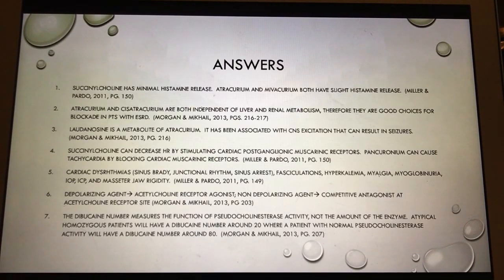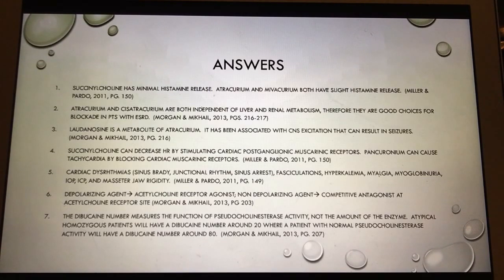Number 5, adverse effects with succinylcholine. You can get cardiac dysrhythmias with subsequent doses. You can see fasciculations, hyperkalemia, myalgias, myoglobinuria, increased cranial pressure, increased ocular pressure, masseter jaw rigidity, and it can trigger malignant hyperthermia.